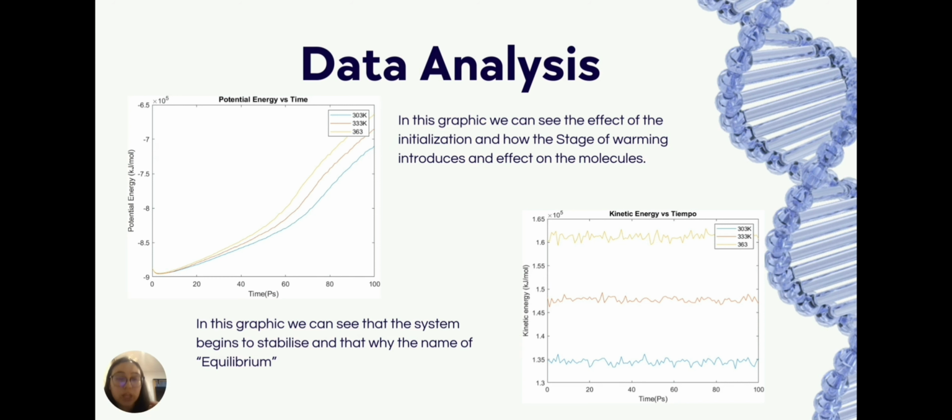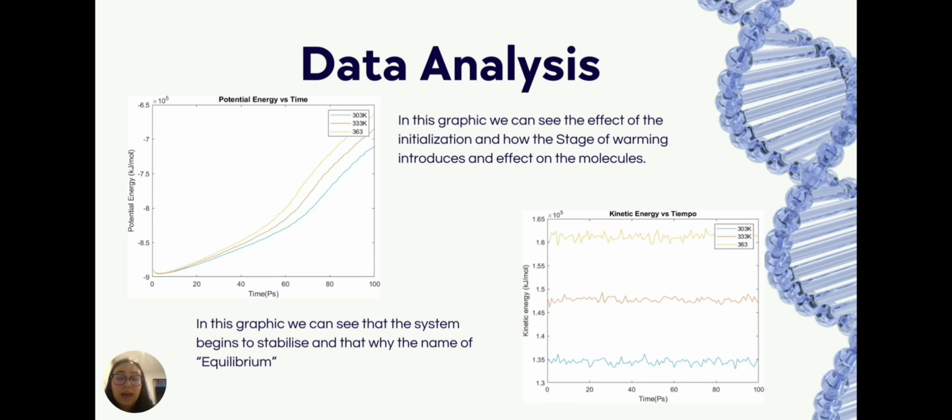That is why it is intuitive that kinetic energy, potential energy, and temperature begin to have a clear tendency, with not much variation in this stage. So we can say that the system has reached an equilibrium, and that's all for the stages of the simulation.